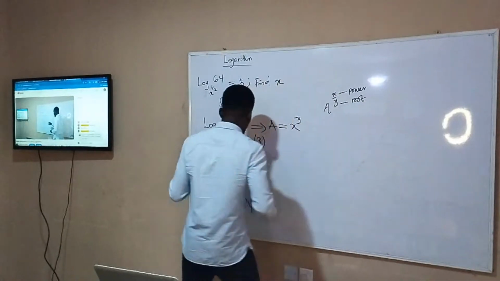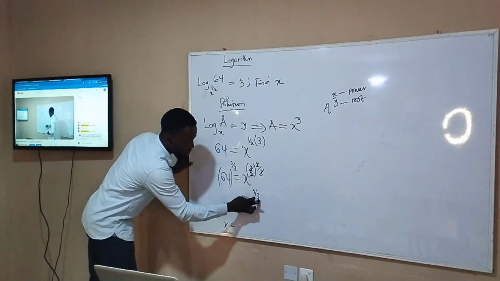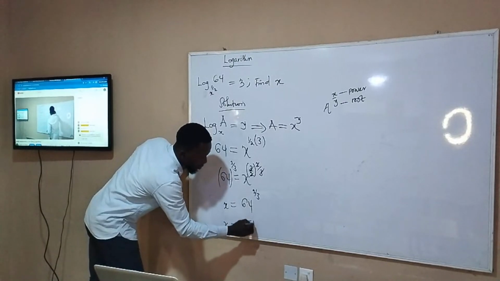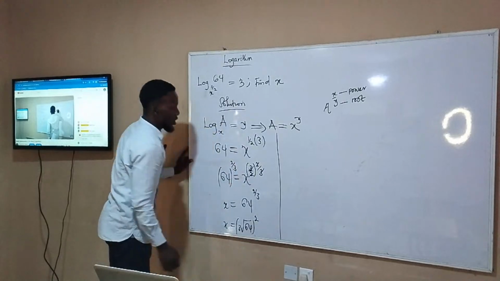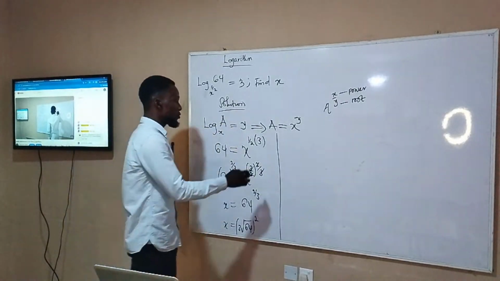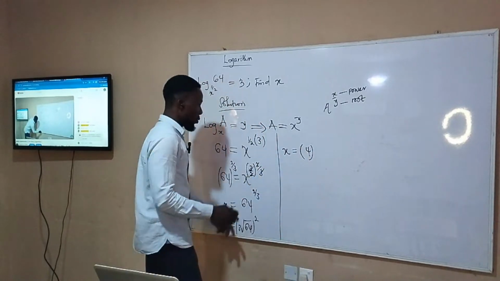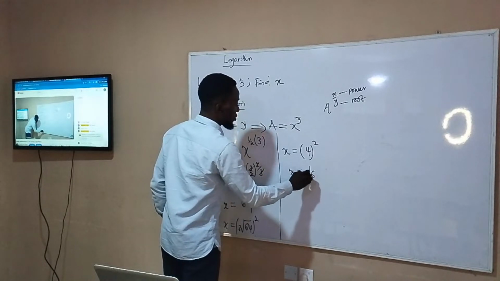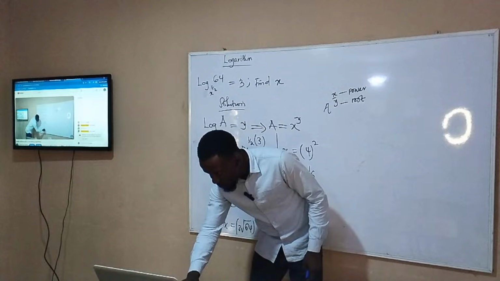So here, x equals the cube root of 64, all raised to power 2. I already know that the cube root of 64 is 4, so x equals 4 raised to power 2. 4 raised to power 2 is 16. So the value of x is 16.